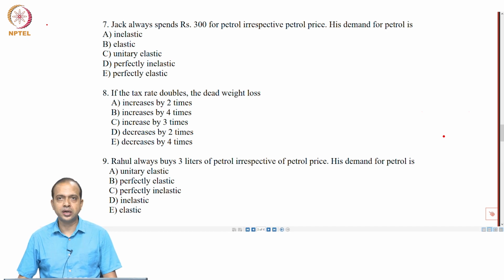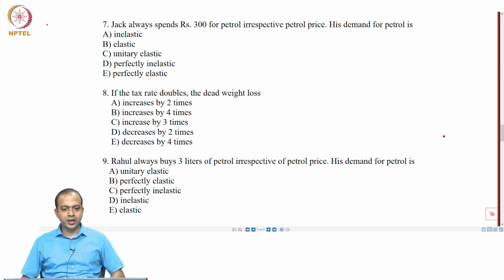And then we said that the correct answer would be unitary elastic, because you can keep your expenditure the same for a price change if you either decrease or increase your petrol consumption proportionately for an increase and decrease respectively in price.